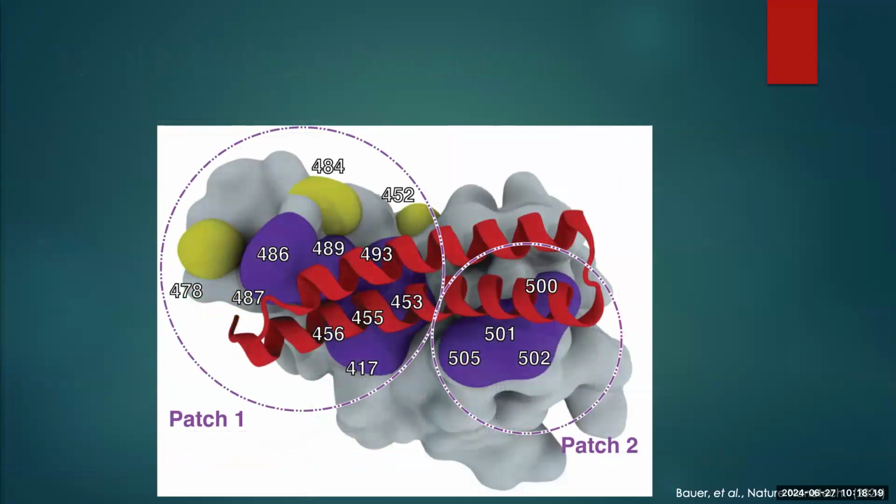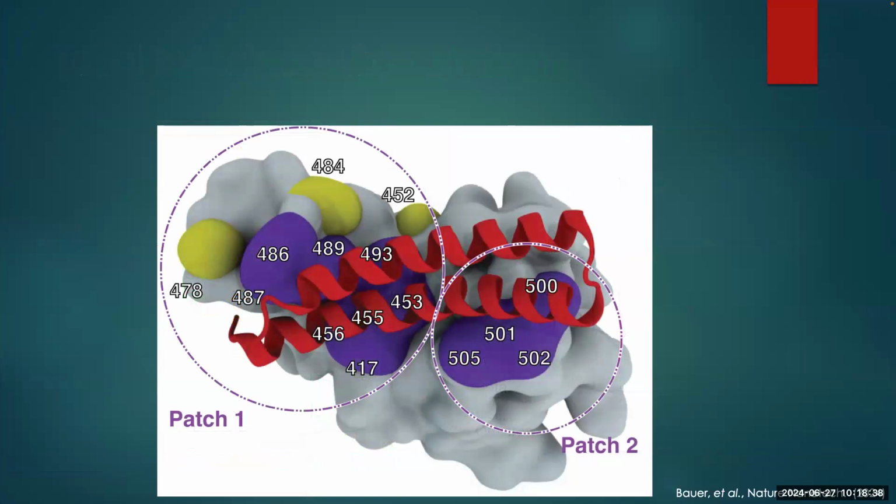And like I mentioned before, we can look at the interface, we can look at the surface of the receptor binding domain and think about how the different mutations affect that interface. A lot of these mutations that happen in the variants of concern didn't happen at the interface.